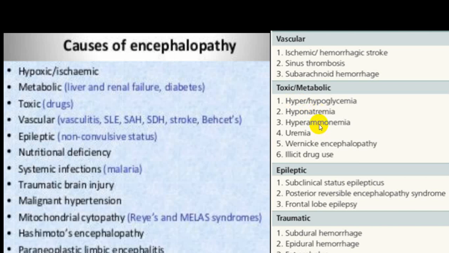Then ammonia will be disturbed in hepatic encephalopathy, uremic encephalopathy, Wernicke's encephalopathy, and because of some drugs, we call drug-induced encephalopathy. And among epilepsy, subclinical status epilepticus, frontal lobe epilepsy, and PRES, posterior reversible encephalopathy syndrome, and also RCVS, reversible vasoconstriction syndrome.